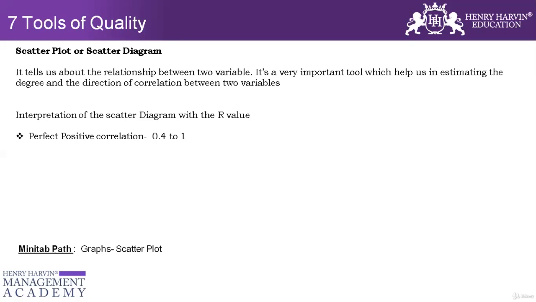If your temperature increases, the sale of ice cream also increases, and if the temperature decreases, the sales of ice cream also decrease. So this is a positive correlation, because both are moving in the same direction. That's a positive correlation. What is negative correlation?